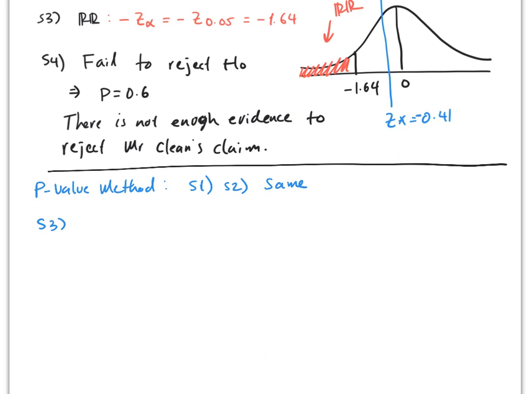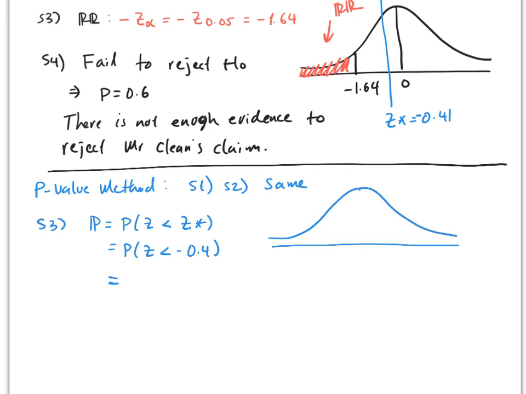For step 3, the p-value is the probability that C is less than C star, which is the probability that C is less than negative 0.41. At this point you have two choices. You can use the calculator or you can use the normal table to figure this out. So in this case you have minus 0.41, and whatever this area is, this will be the p-value.